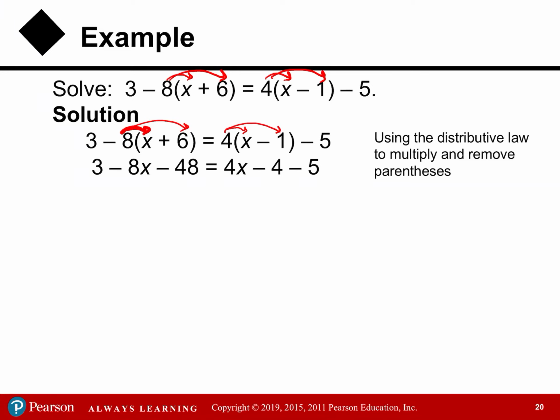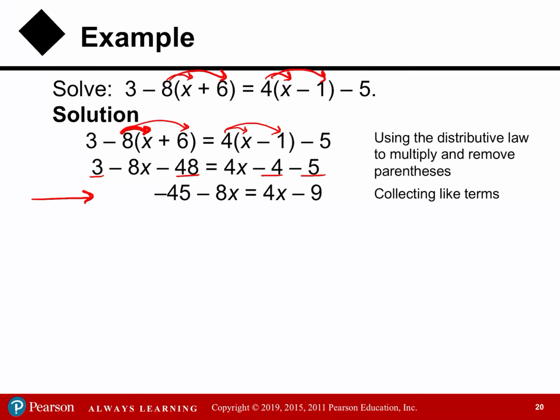And 4 times negative 1 is negative 4. Let's go ahead and clean up the right-hand side and the left-hand side. On the left-hand side, I see I can take 3 minus 48. And on the right-hand side, I see I have 4 minus 5. All right, so now I have negative 45 minus 8x equals 4x minus 9.